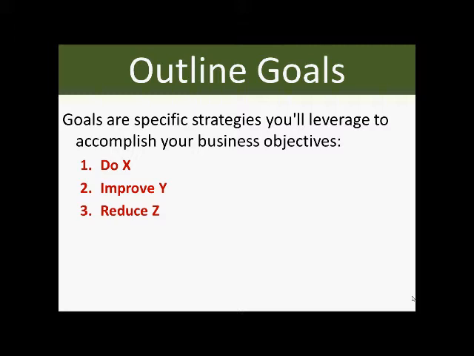That takes us to goal type number 2. How do we improve something? How do we improve conversion rate on a landing page? How do we improve the number of sign-ups on our newsletter? And number 3, reduce. How do we reduce tension on our website? And by tension, I mean different things that are taking place on our website that can potentially impact conversion rate.